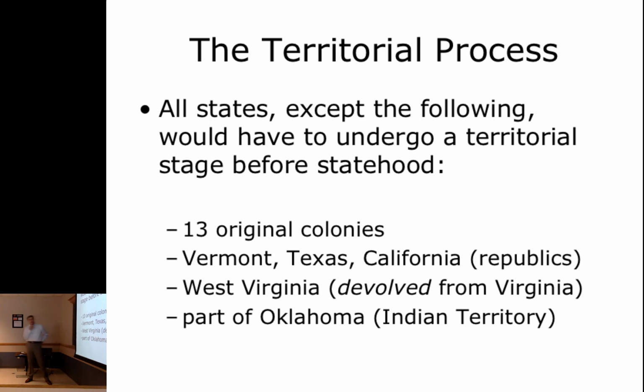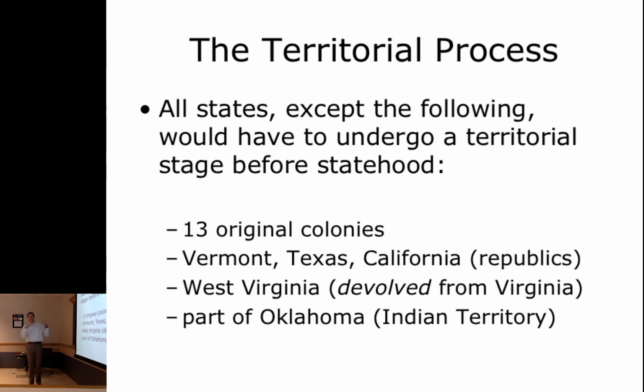Well, as the new states found themselves independent in this new federal state, the question became, well, as white settlers moved west, as Native Americans get out of the way or lose land through treaty cessions, what do we do with those new lands?